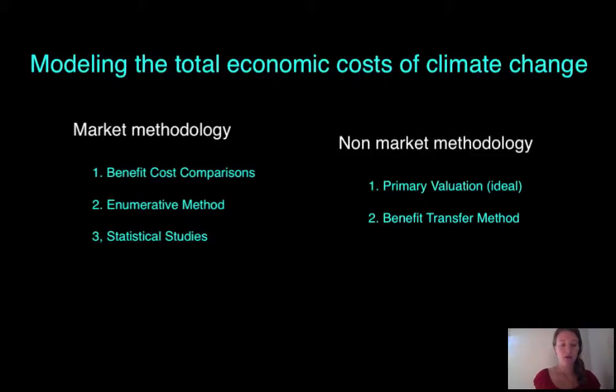Next, we have the enumerative method, and similar to benefit cost comparisons, the enumerative method uses climate and impact models to inform the physical effects of climate change. So sea level rise would be a physical effect, and the market consequences in the enumerative method then show the change in price or value. The best example for the enumerative method is a change in agricultural output.